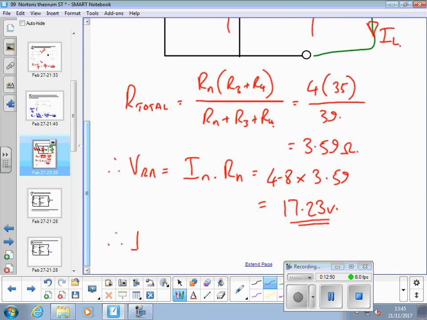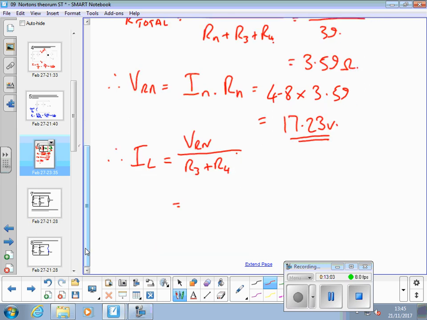So therefore the current in a load is VRN over R3 plus R4. That's 17.23 over 35. 0.49.